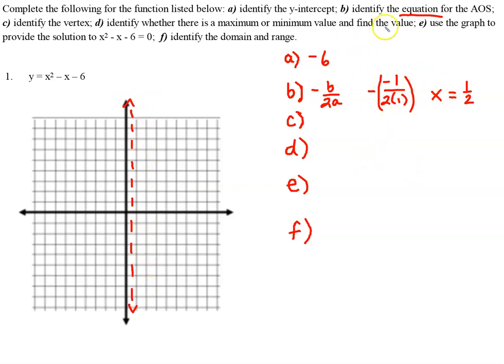Okay, so letter C, identify the vertex. Well, when you find the AOS, you've basically found the x-coordinate of the vertex. So now we just have to find the y. And the way we find the y is we just put our x-coordinate in for x.